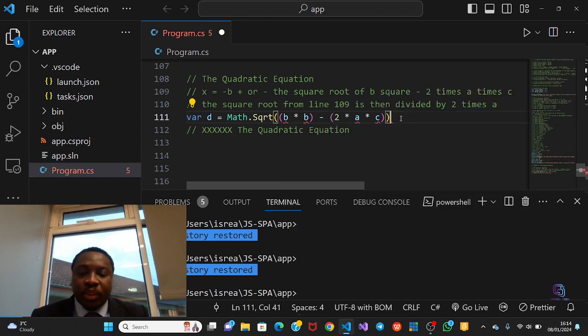With this, a is a variable, b is a variable, and c is a variable.